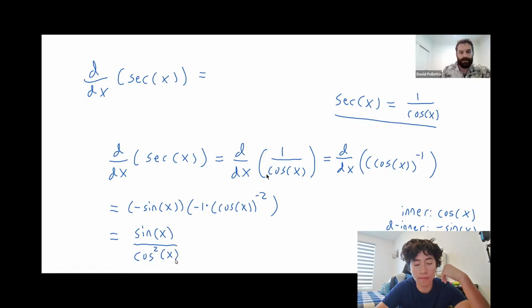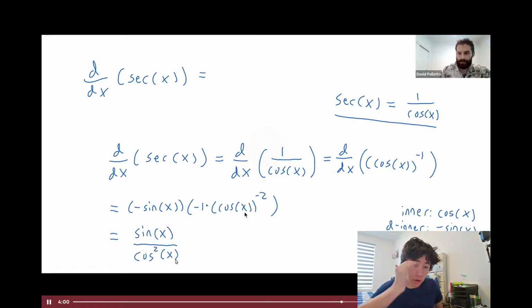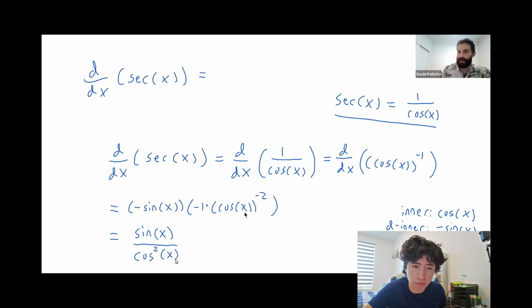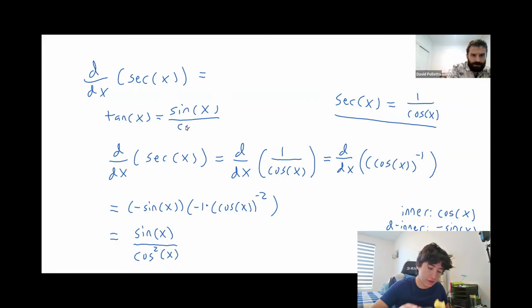Wait, what? Oh, yeah. 1 over cosine x to the power of 2. Isn't that close to a tangent? Sine of x over cosine of x, yeah.